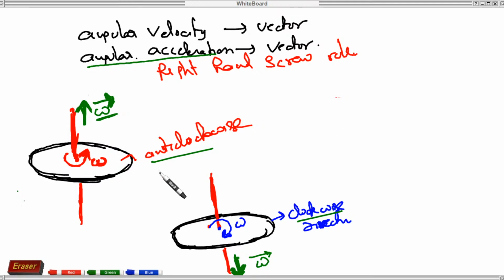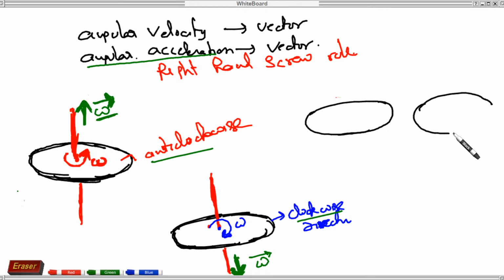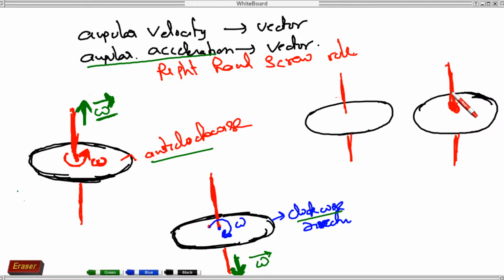Suppose this is the axis of rotation, and your disk is rotating in this direction, that is, anti-clockwise.